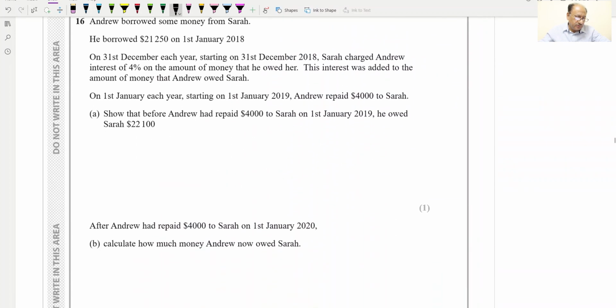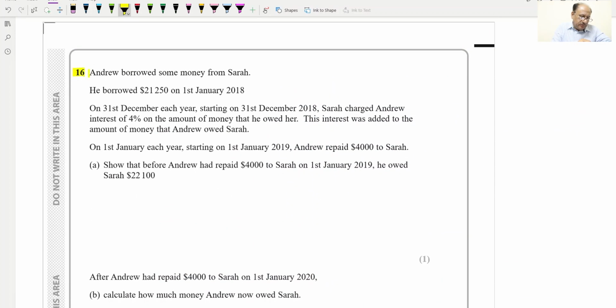Hopefully you understood this. Question number 16. Andrew borrowed some money from Sarah. He borrowed this much amount on 1st Jan 2018. On 31st December each year, starting on 31st December 2018, Sarah charged Andrew interest of 4% on the amount of money that he owed her.